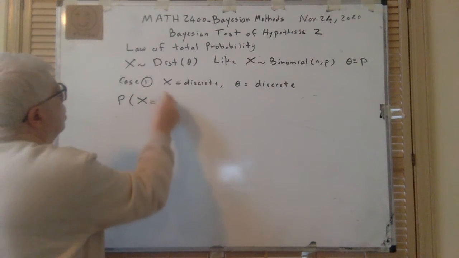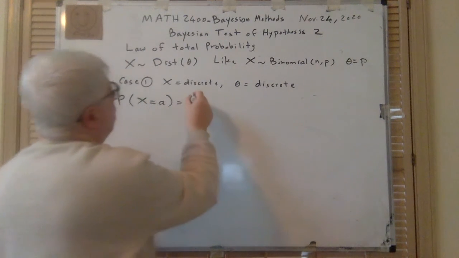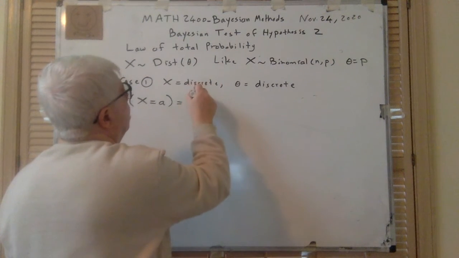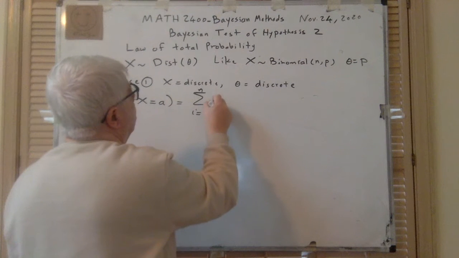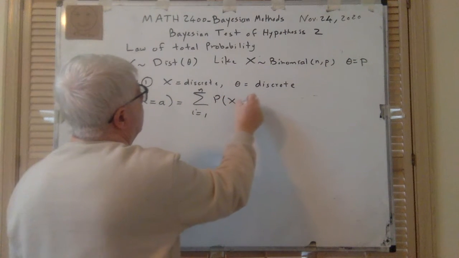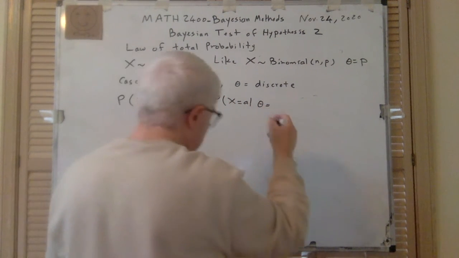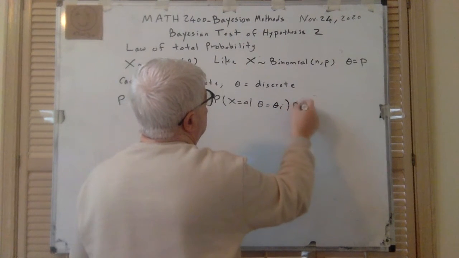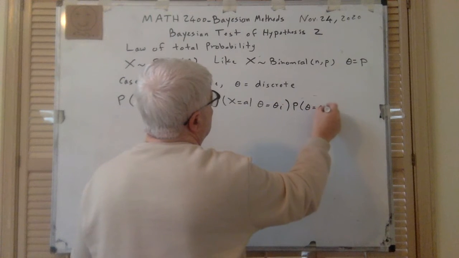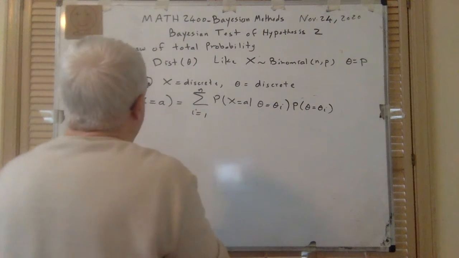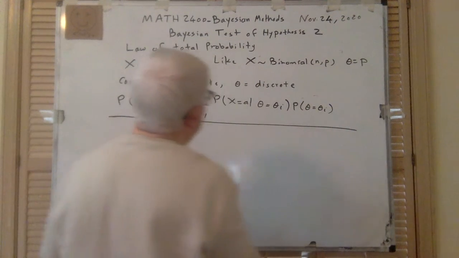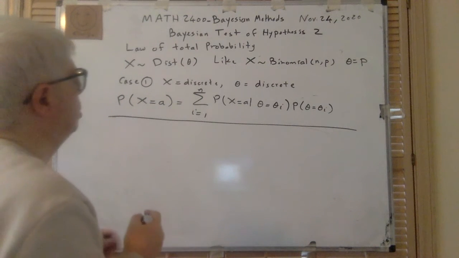So when we say X equals A, that is like saying the sum over i from 1 to something of P of X is A given theta is theta i, times P of theta is theta i. So this was what we had before. We discussed that a lot. So that's case 1, discrete, discrete.